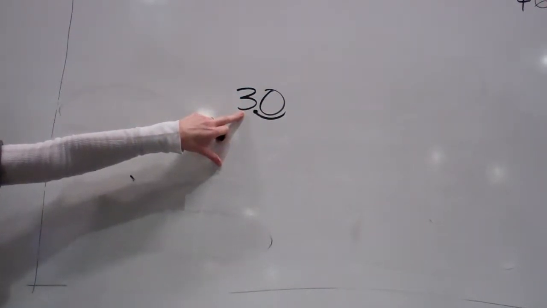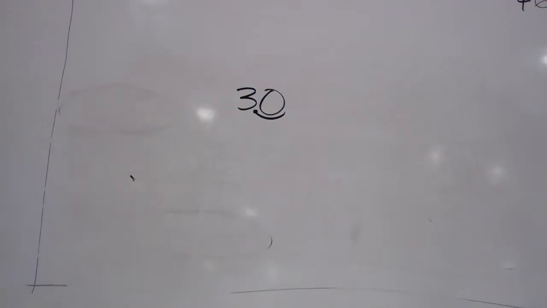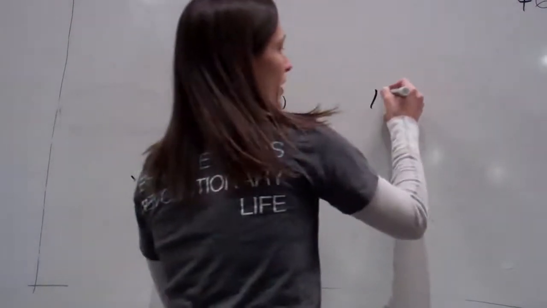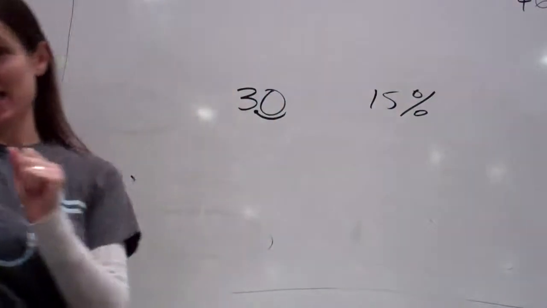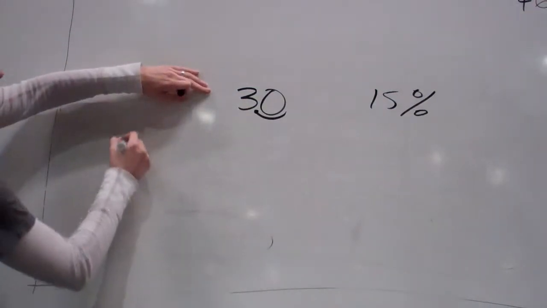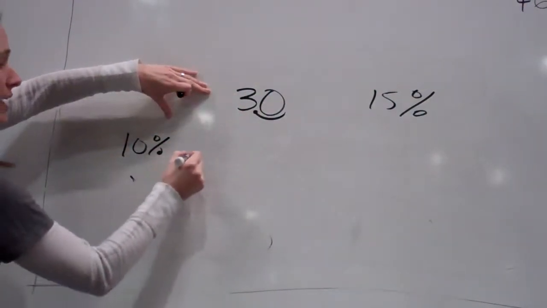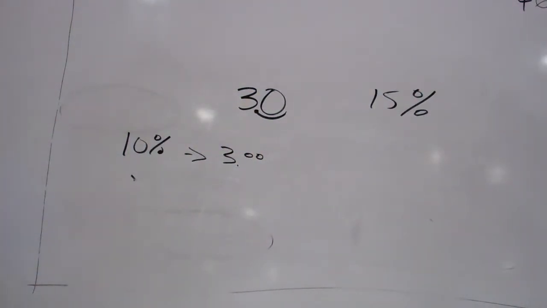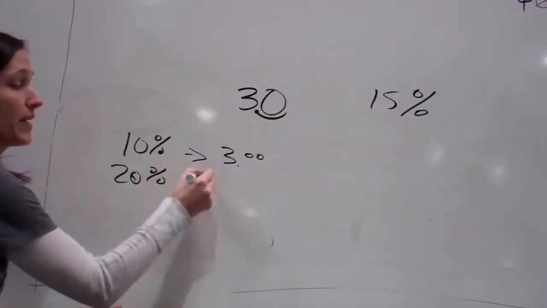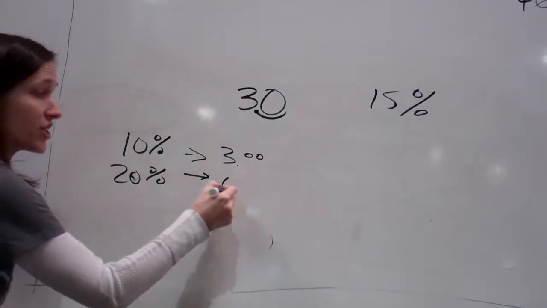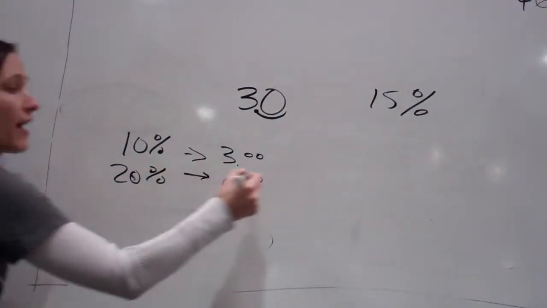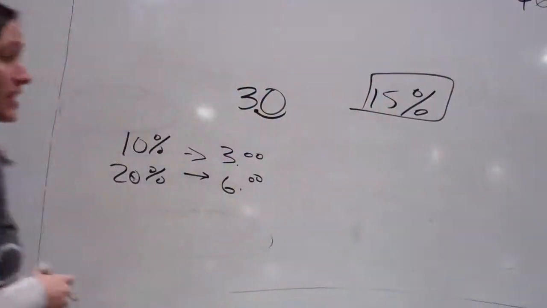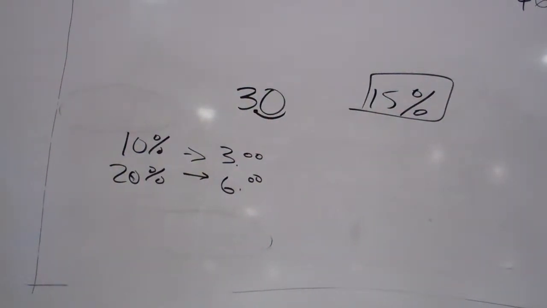Now, if they ask me to figure out what is 15%, well, we know that 10% of 30 is $3. So 20% would be $6. So what would 15, which is in between the middle, be? $4.50.